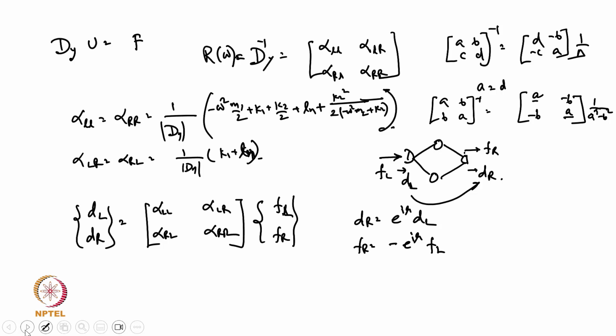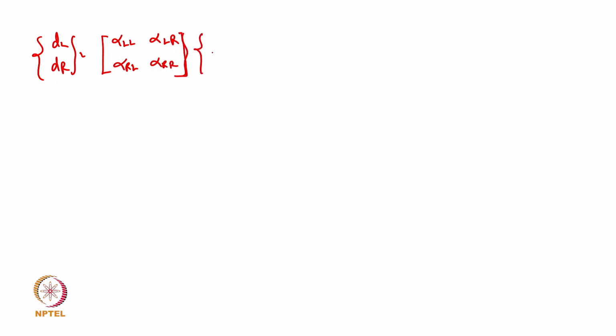Now if I substitute these two things here, what can I get? We have dl, dr equal to alpha LL, alpha LR, alpha RL, alpha RR times FL, Fr, and the other two conditions are dr equal to e to the power of I mu times dl, and Fr equal to minus e to the power of I mu times Fl.